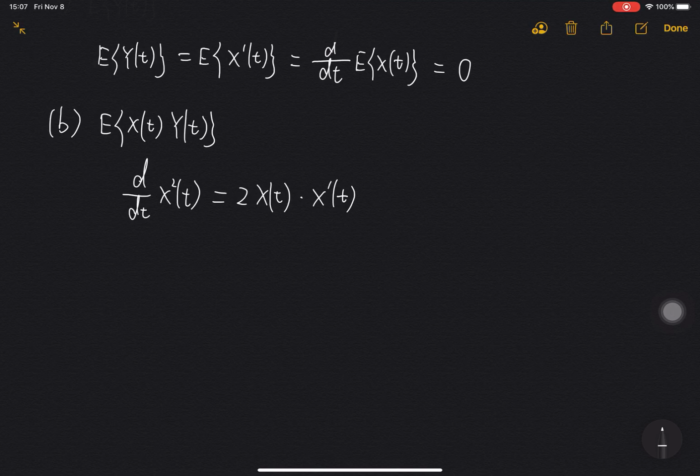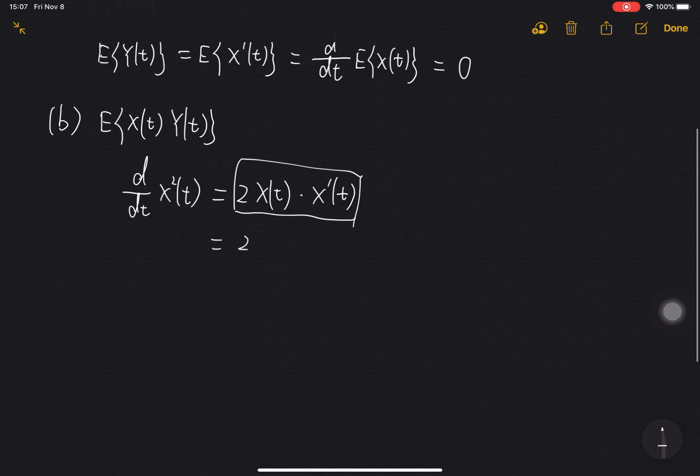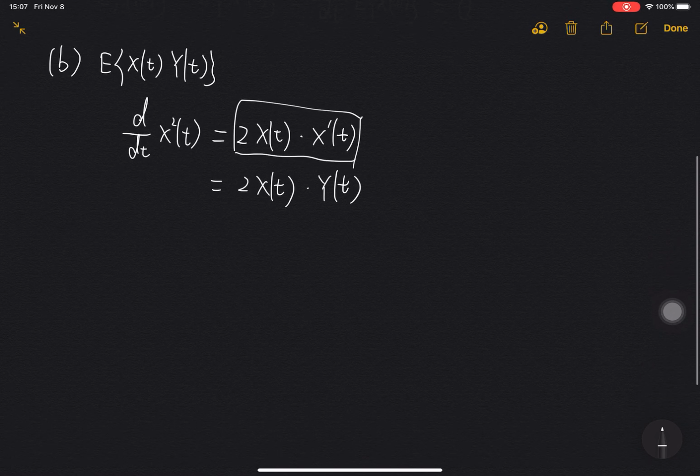So we take the derivative of the first xt and then the derivative of the second xt, and we get this formula here. And this is easy because we can see that this is xt times yt.